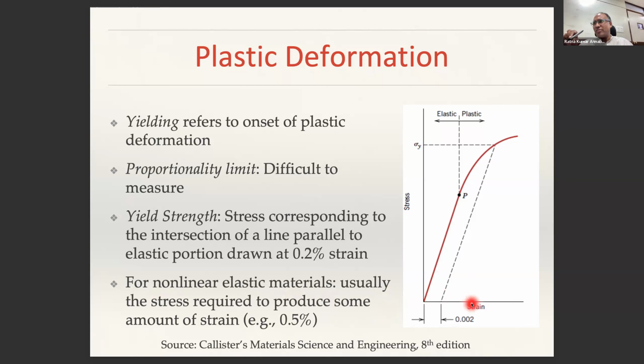Let us say this is your 0.5% strain. Draw a vertical line at 0.5% strain, and wherever that hits the curve, you report as the yield strength of the material. These are the two prescriptions, and this is only a guideline so as to avoid confusion between different people reporting different values of yield strength.